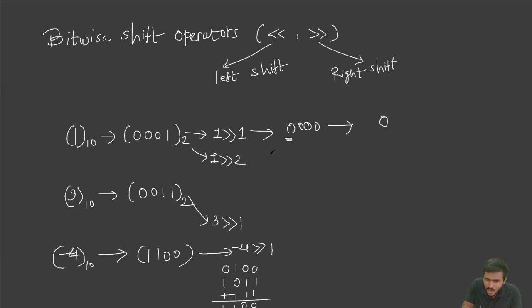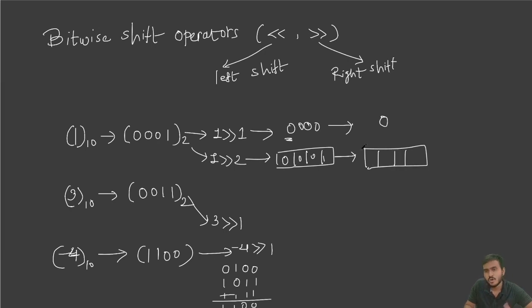Now let me show you how 1 right shift by 2 is going to work. Let me draw it in a box format for better understanding. So 1 is 0 0 0 1. If you shift it to the right by 2 positions, then in the 4-bit box the 1 will go out, and the next bit will also go out because we are shifting by 2 positions.